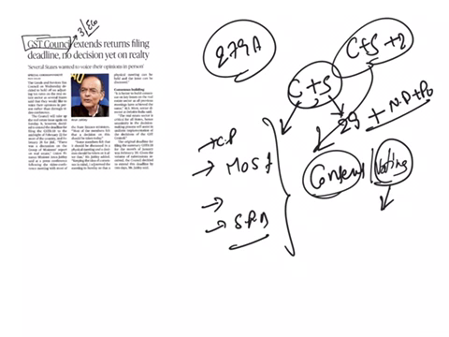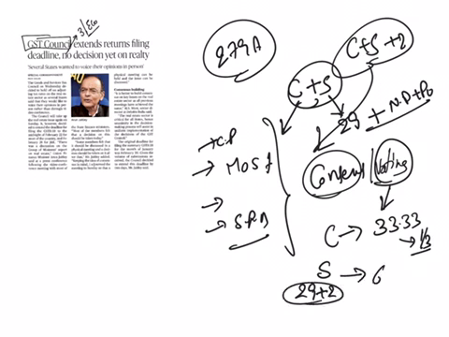In voting, the center has the weightage of 33.33%, which is 1/3 vote in the council, whereas the states, which include 29 states plus 2 union territories, have the weightage of 66.67%, which is 2/3 weight in the council. So based on the majority, any decision related to GST will be taken by this GST Council.